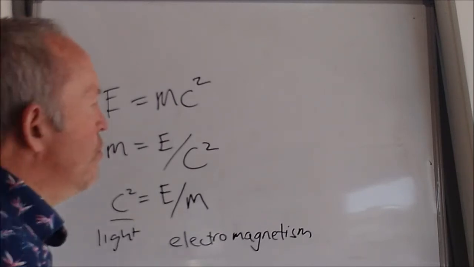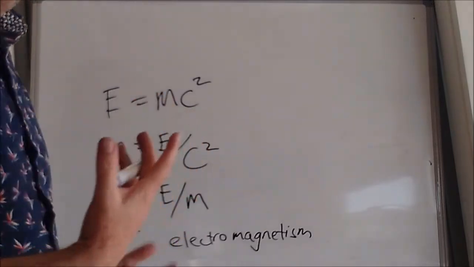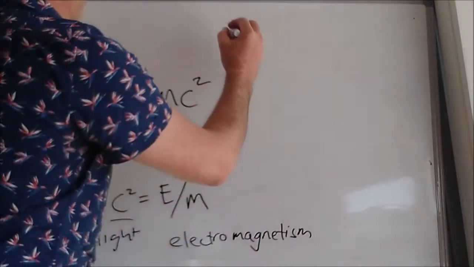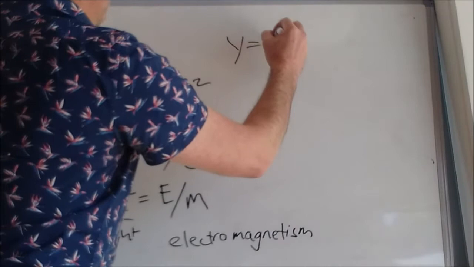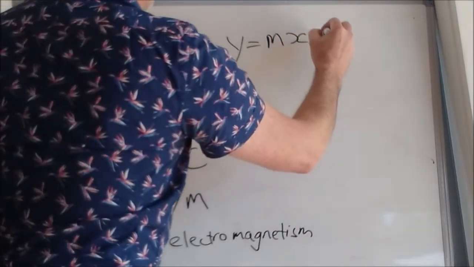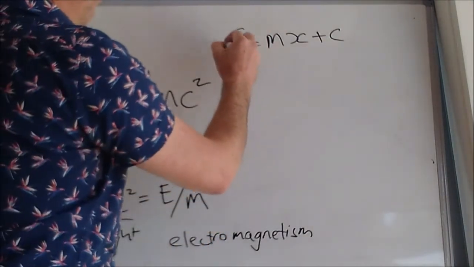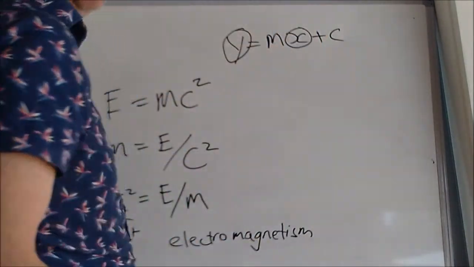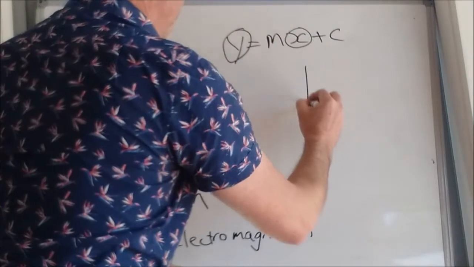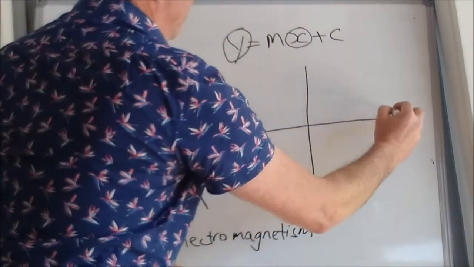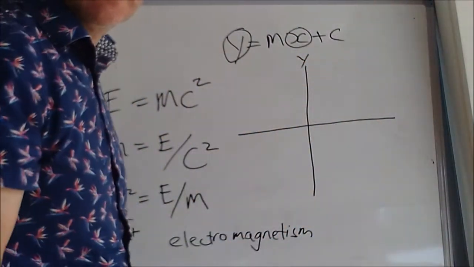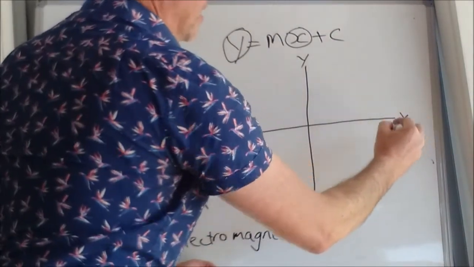Now we know mathematically there's a formula for a straight line. Y equals mx plus c. And we know y and x on a graph. Y-axis, x-axis.